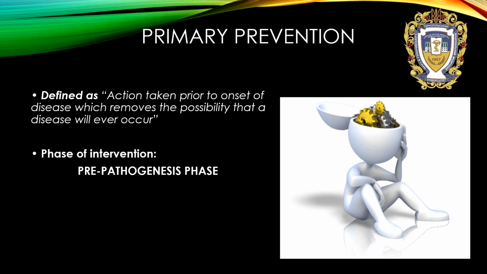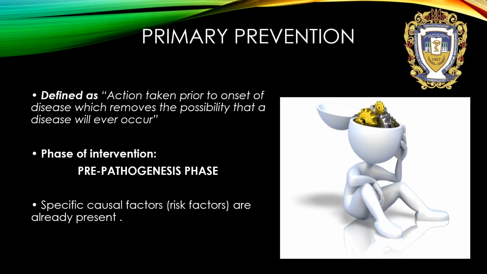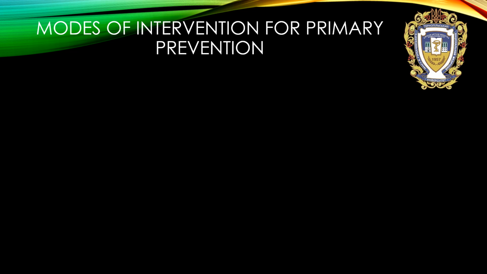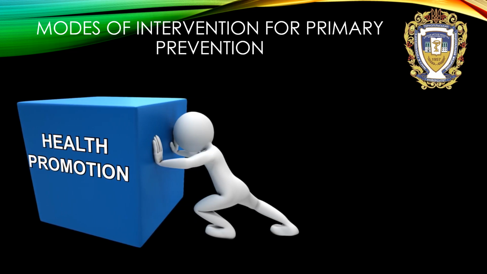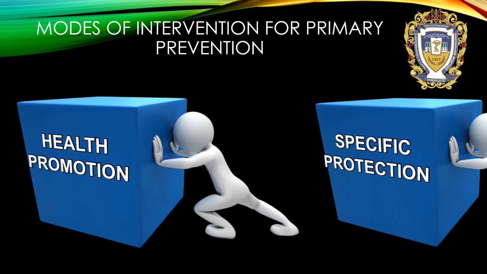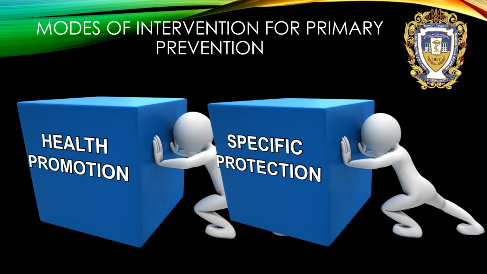It is the phase when pathology is not developed yet, but specific causal factors or risk factors are already present. Modes of intervention for primary prevention: health promotion and specific protection.